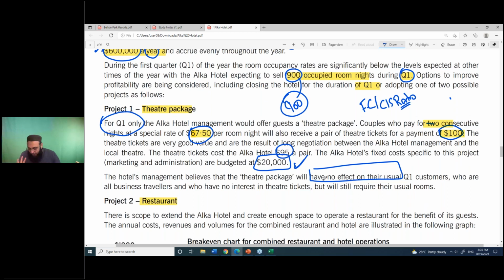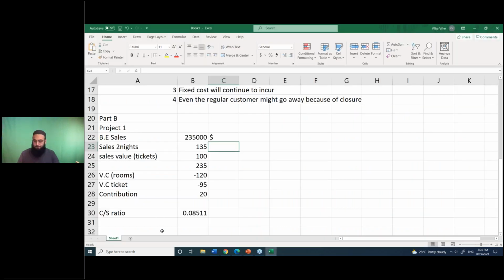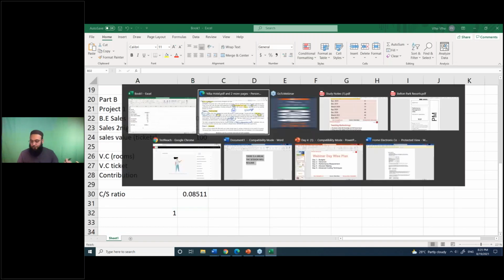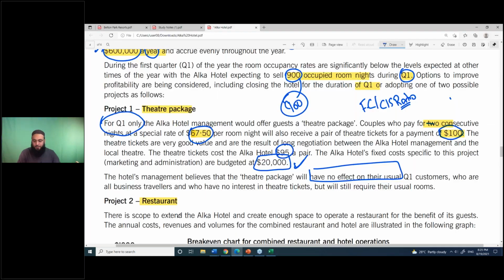So should we go for this or not? Should we accept this option or not? Let me see what you people say.